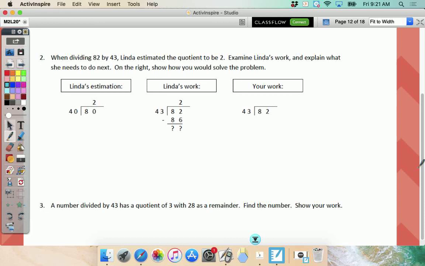Finding mistakes is good for kids. So, let me read this. When dividing 82 by 43, Linda estimated the quotient to be 2. Examine Linda's work and explain what she needs to do next. On the right, show how you would solve the problem.